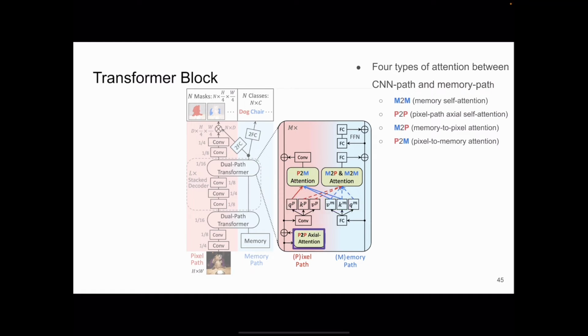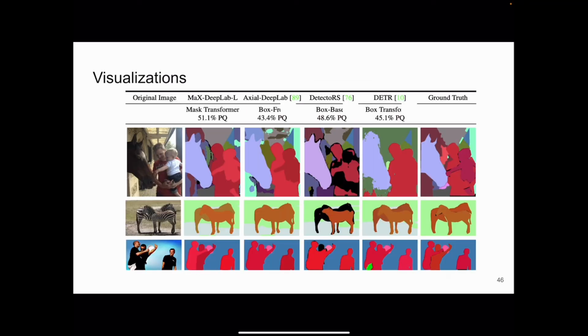Fourth, the pixel-to-pixel P2P self-attention implemented as axial attention blocks. As shown in these slides, MaX-DeepLab could successfully segment out highly occluded objects, while other state-of-the-art approaches fail in these challenging cases of similar bounding boxes or nearby object centers.